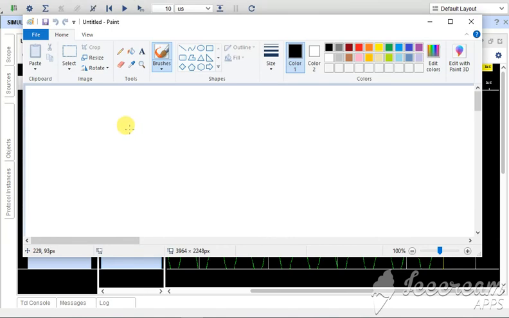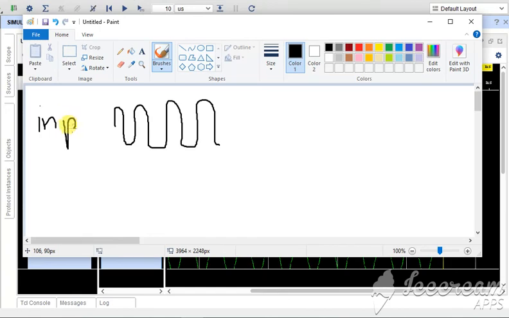So this is our input signal. I will write it as input, and the frequency of the input signal is 2 kilohertz.